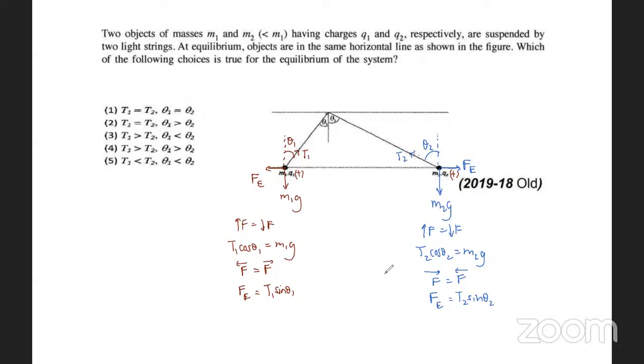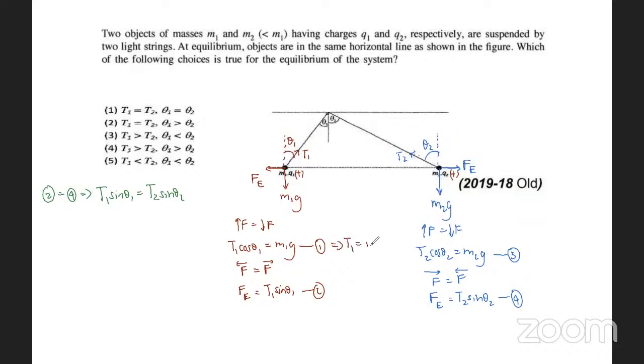What's the plan here? Now there are 4 equations we are getting, right? 1, 2, 3 and 4. So as you can notice, 2 and 4 are equal. That means T1 sin theta 1 should be equal to T2 sin theta 2. Alright, and instead of T1 we can write an equation from this. Now we can get rid of T1.